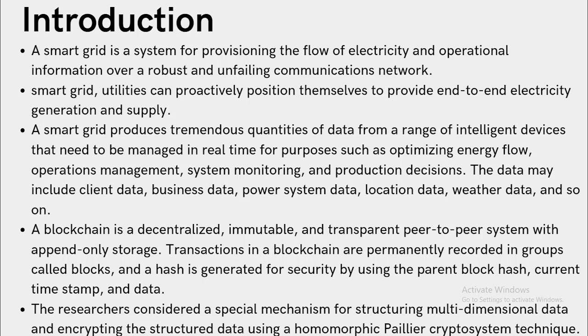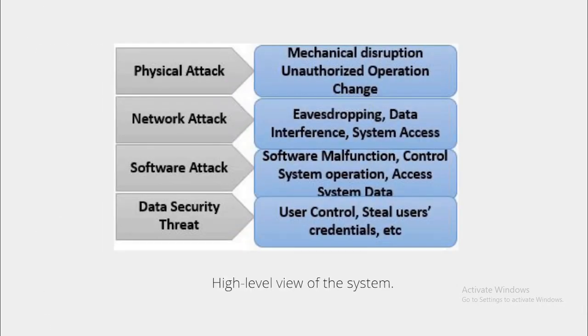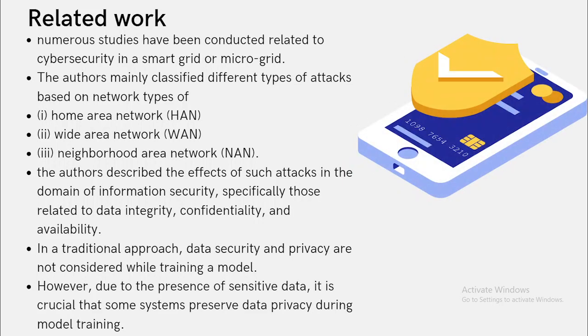Now the second slide has a high level view of the system, which shows physical attack, network attack, software attack, and data security threats. Then in the next slide, the related work regarding this topic.